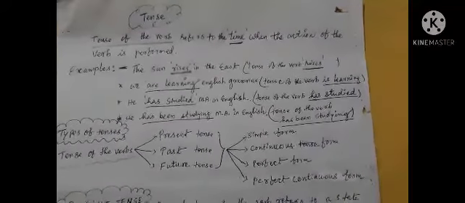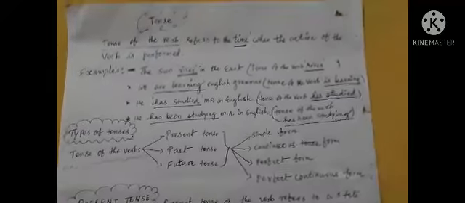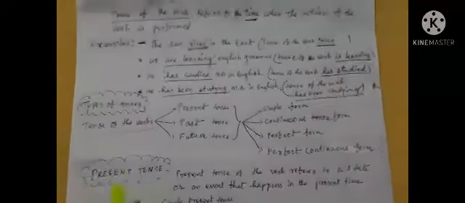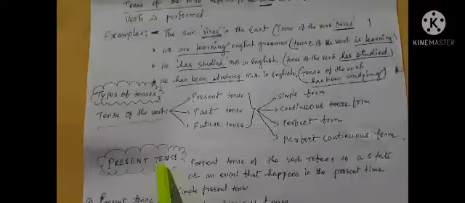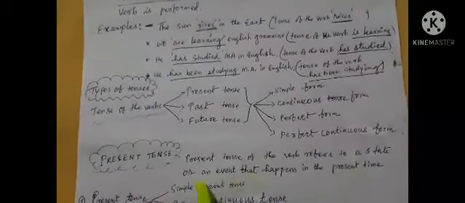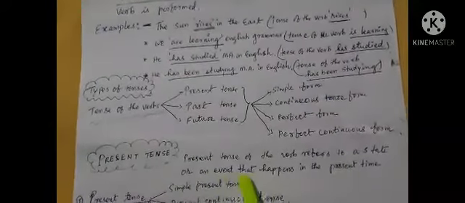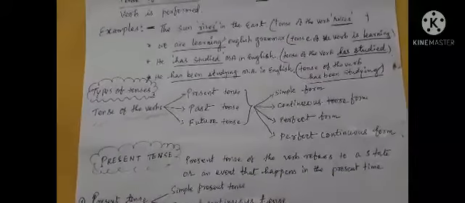Now let us take the first type of tense, that is present tense. What is present tense? It refers to a state or an event that happens in the present time.